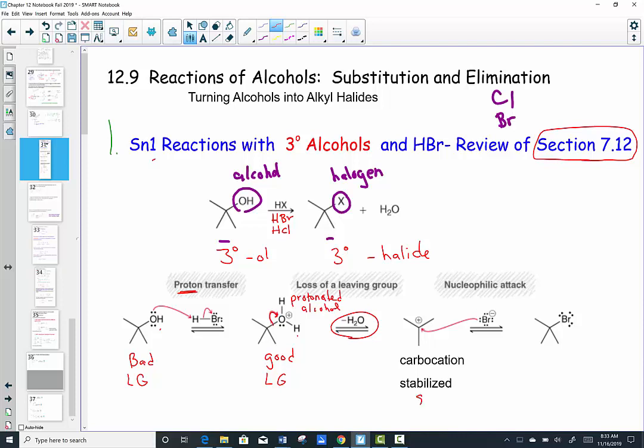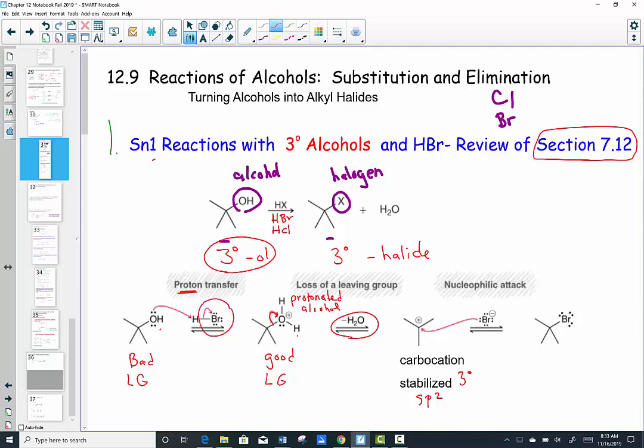And remember, we have an sp2 carbocation intermediate with the SN1 mechanism, meaning that you can have rearrangements occur. And that's why we're looking at specifically using a tertiary alcohol with this mechanism to avoid rearrangements. We have the most stabilized carbocation form in that tertiary position.